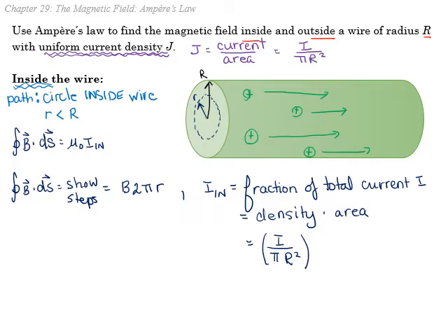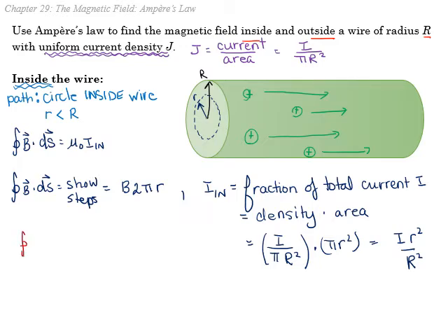And then to get the fraction of current inside the area we picked, we multiply that density by the area of the path we picked, pi r squared. We notice that our pi's cancel and we're left with total current times little radius squared over big radius squared. Okay, that's how much current lies inside of our circular path. Let's go back to our Ampere's law.